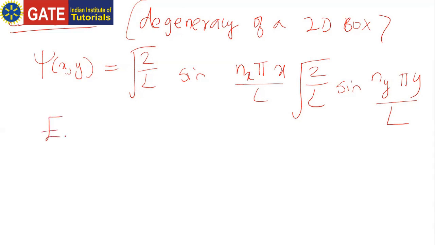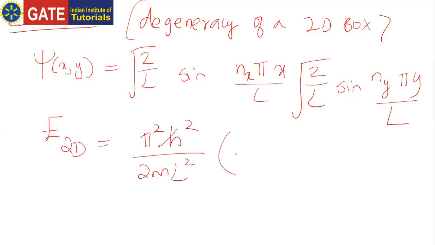What is energy? Energy of 2D box, energy equal to pi square h cross square by 2 ml square into nx square plus ny square.